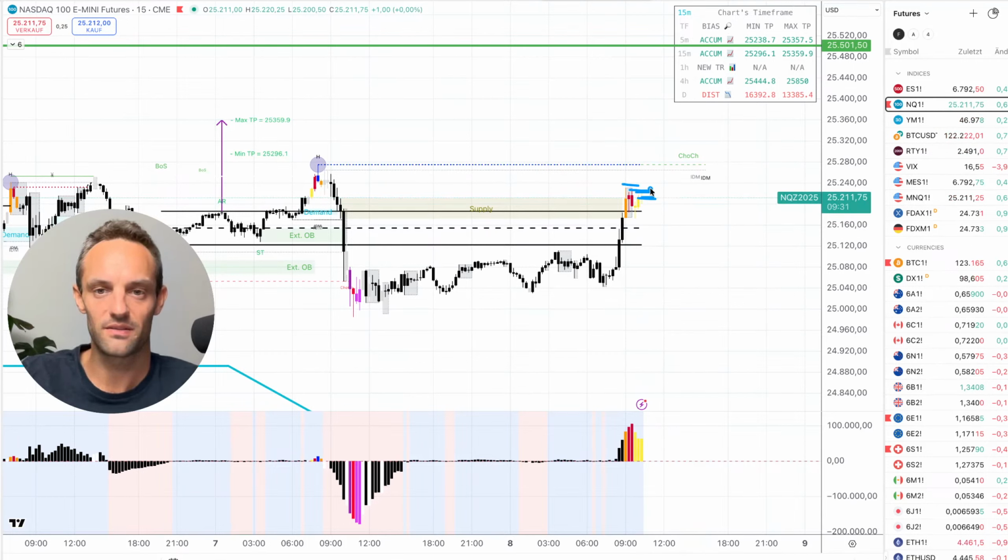So nothing is guaranteed, but as long as the colorful candles stay, I'm very bullish for new all-time highs. It's always an if-then conclusion.